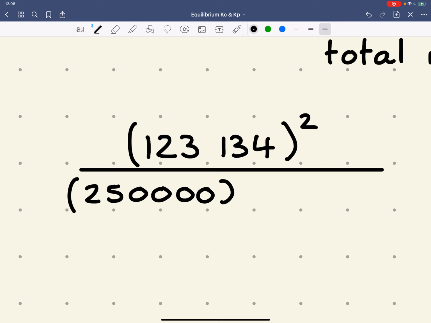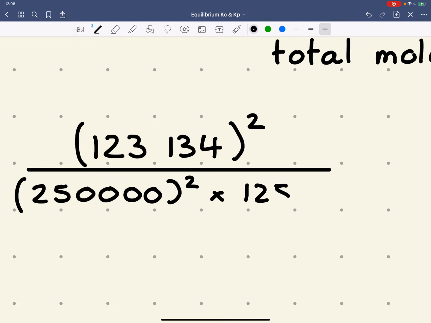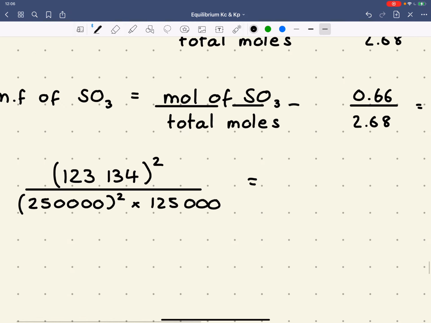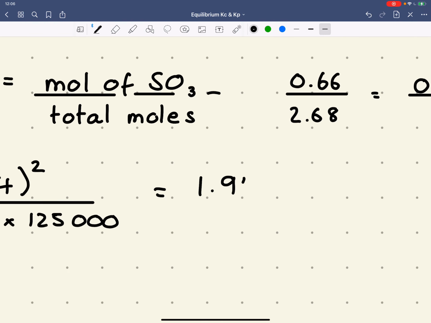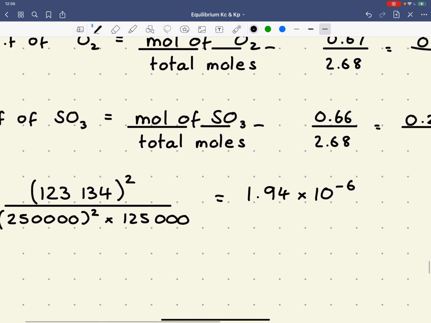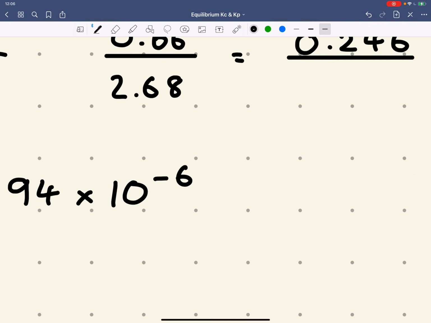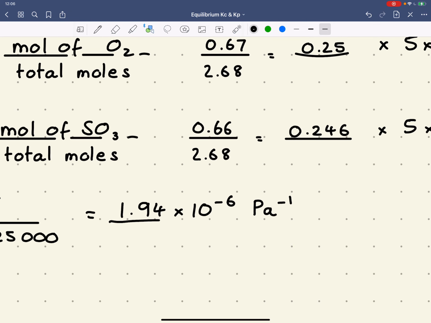Again, that needs to be squared, times 125,000, which is the partial pressure of oxygen. And it's just a case of putting those numbers in your calculator. And when you do that, you should get an answer of 1.94 times 10 to the minus 6. Again, the units, if you think about it, these pascals squared cancel these pascals squared. So the units are simply pascals to the minus 1. And that there is your answer.